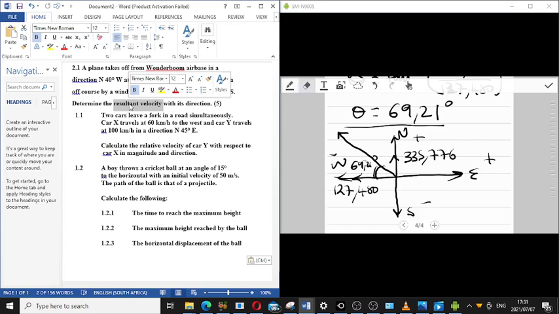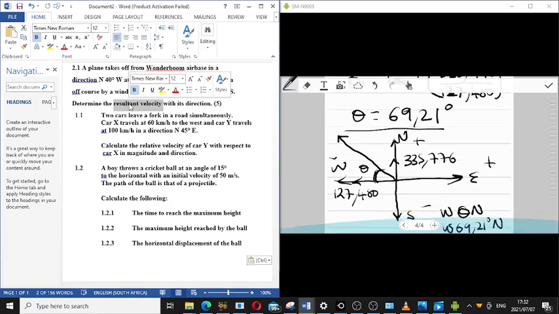So let me just write it as theta here. This is angle theta. If you can check, this angle theta is starting from west going to north. So it will be west 69.21 degrees north.